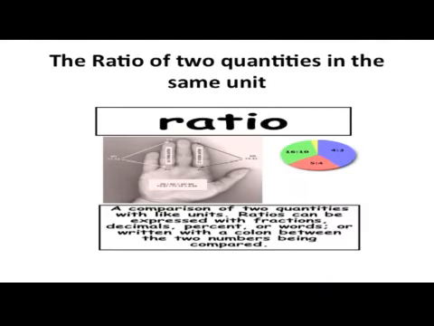Now, in summing up, what are the things we had seen so far? The ratio of two quantities in the same unit is a fraction that one quantity is of the other.